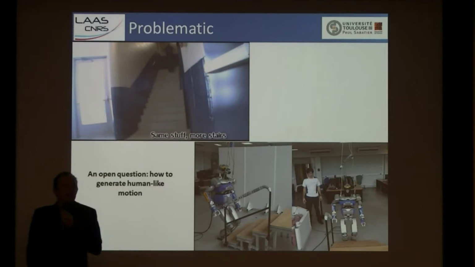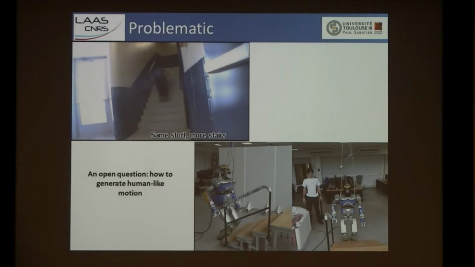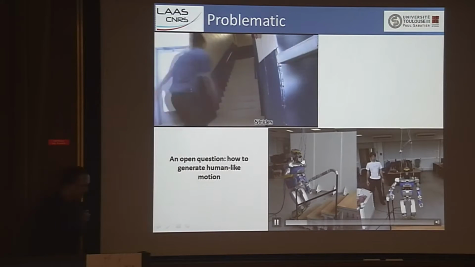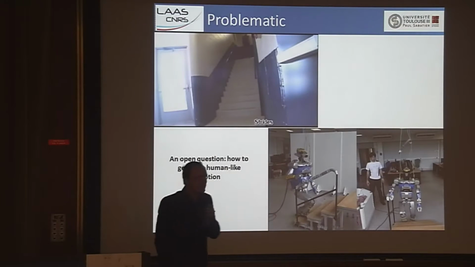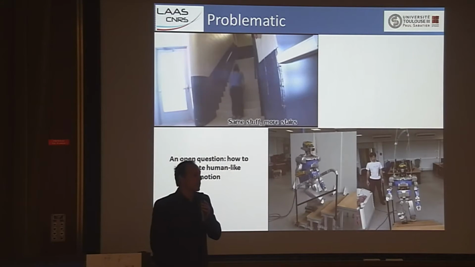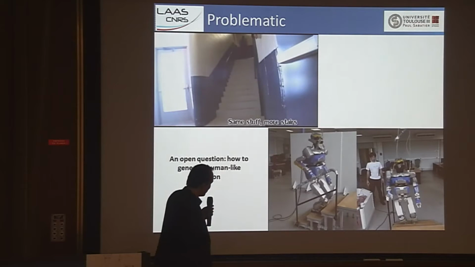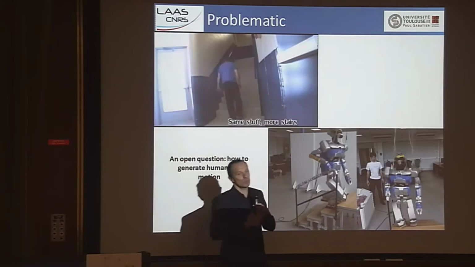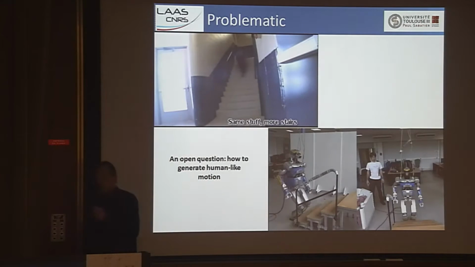While when we simulate and then generate the motion, it's a little bit different. Little bit less dynamic, perhaps. But you can see it's a complex motion, and we here control the dynamic of the movement, which is a very complex problem.